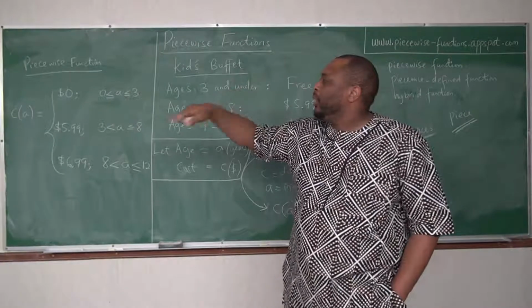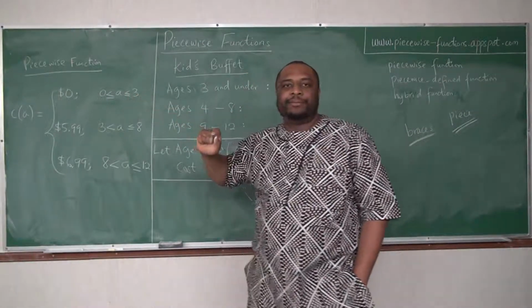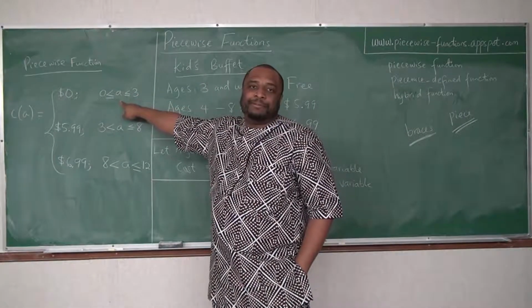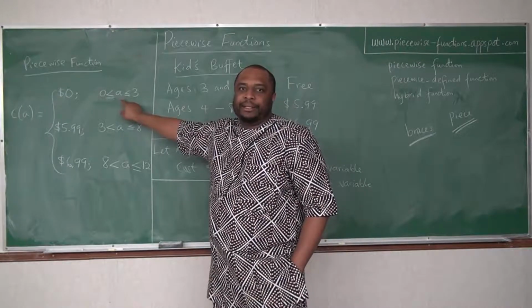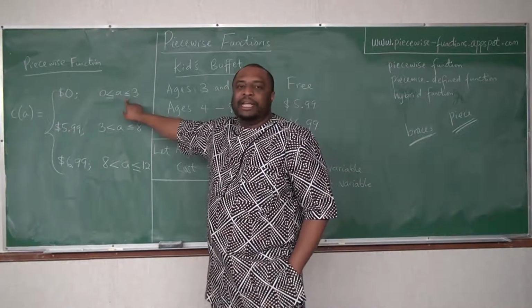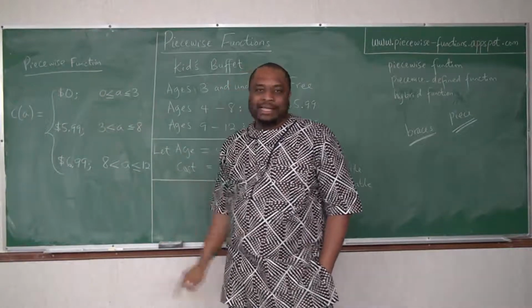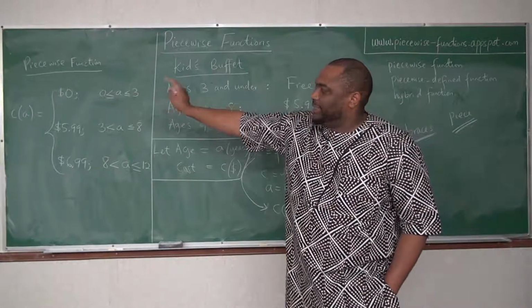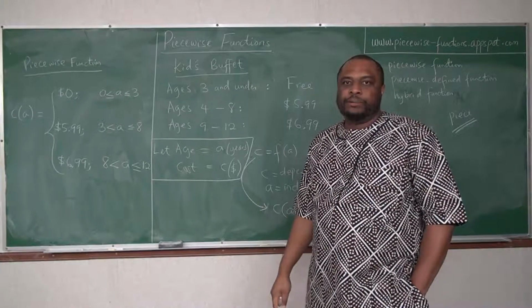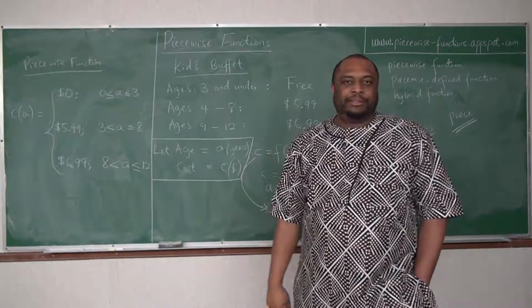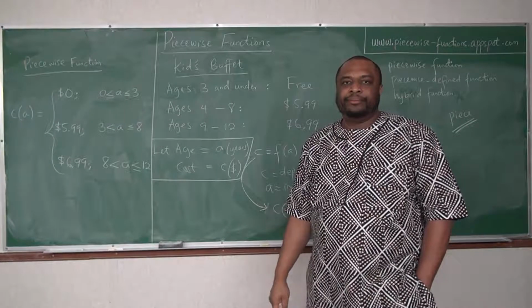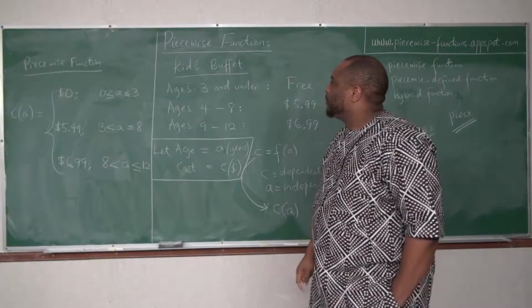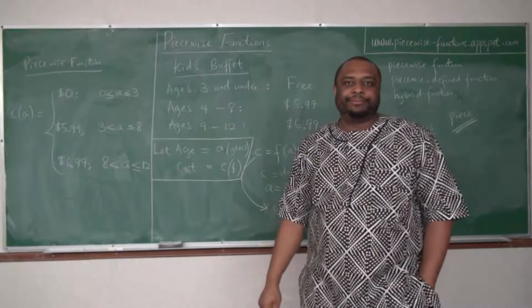What function has that interval? Because 3 is in this domain. Then you check what is the function that has that domain, and the function is $0. So Peter will pay nothing. He will not pay anything. So the cost is $0.